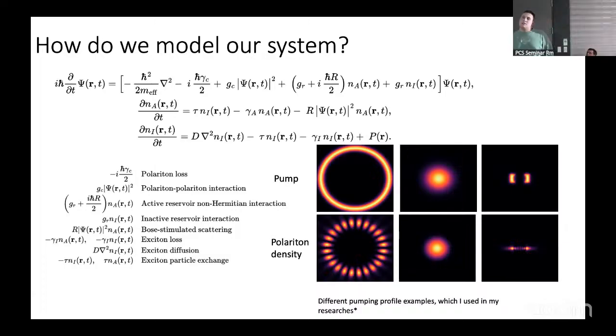The next two equations describe excitonic reservoirs. The active one is the reservoir which feeds the condensate, and the inactive one is a high-energy reservoir which is pumped by the laser. Also, at the right corner you can see some examples of steady states obtained for these equations by me, in, for example, a ring-shaped trap, just a Gaussian spot, and our cavity-like structure.